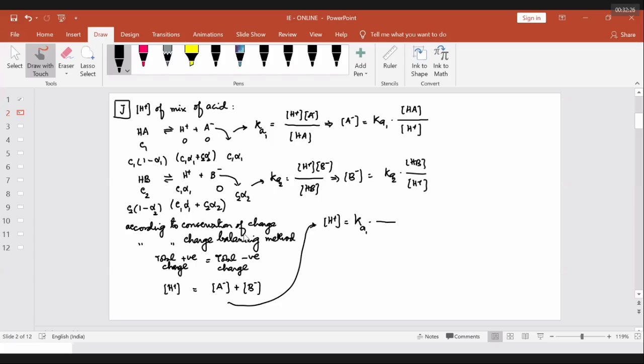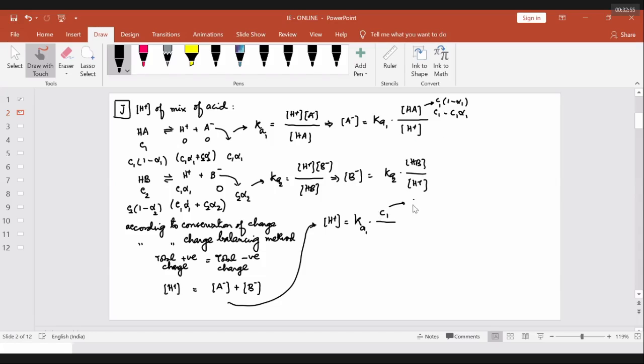Right, but C1 alpha 1 is supposed to be a constant quantity. Therefore, we can say, sir, it is a negligible value. Actually, what I should write here in place of HA is C1 into 1 minus alpha 1, which is C1 minus C1 alpha 1. Right? Alpha is very much negligible. Therefore, we say it is C1. What is C1? Concentration of weak acid HA.